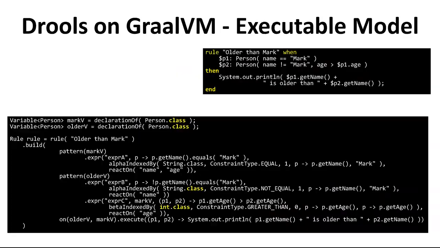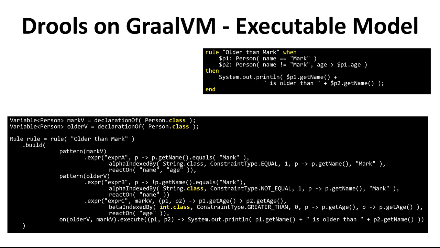So what we did is that we introduced what we called the executable model. What is that? It's a pure Java model of a rule base. Here I have the same rule that I showed you in my demo, and now we have something that translates this rule into a Java model using this DSL.